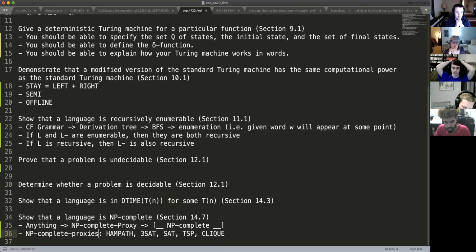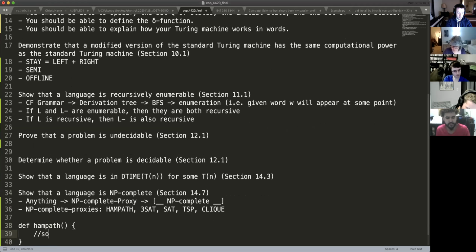I'm just going to write it here. We were able to define a function, ham path to TSP. Right, this is the reduction. That basically means that you can calculate this using that.